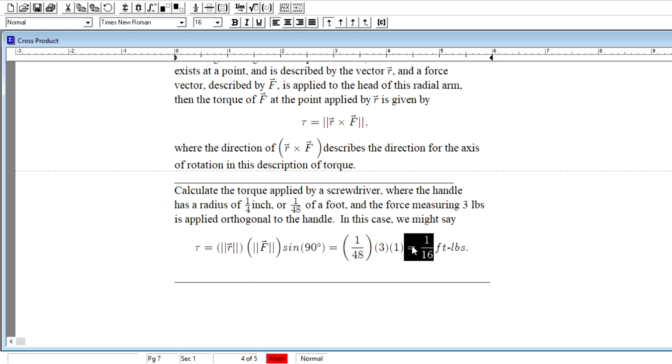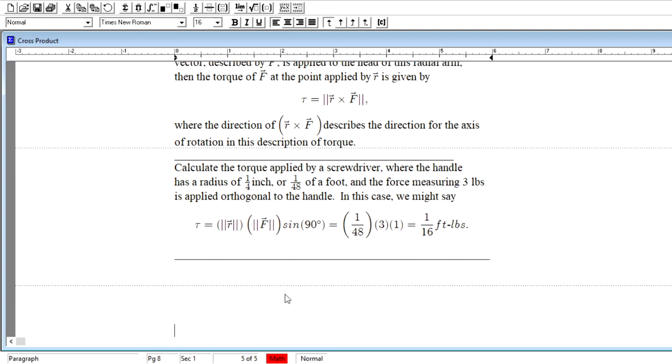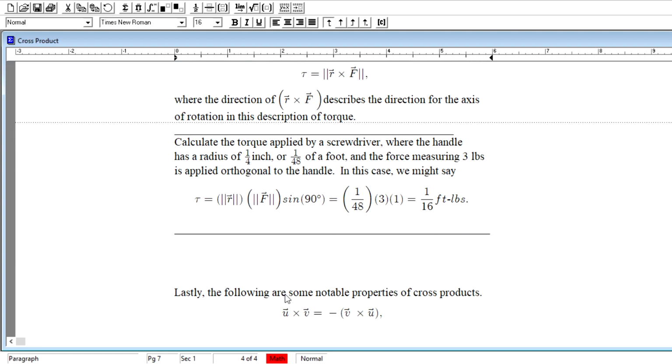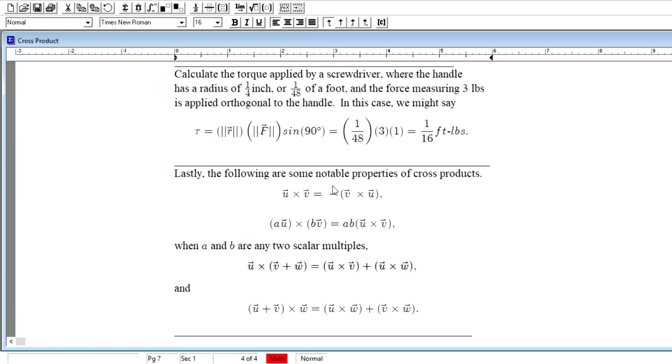So, folks, with that said, I will go ahead and end the video there. I will take note, there are some quick properties of cross products that I make note of down below here. You might want to read through these. One of the biggest ones is that if you switch the direction, you get the opposite of what you would normally calculate.